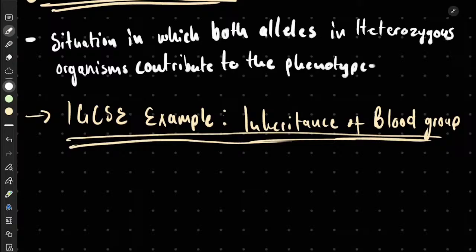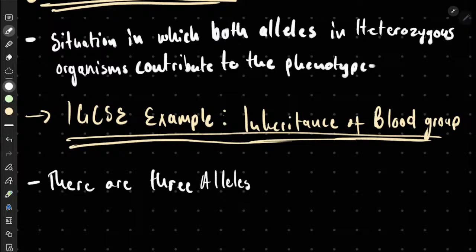Okay, there are 3 alleles. And the alleles are IA, IB, and IO.